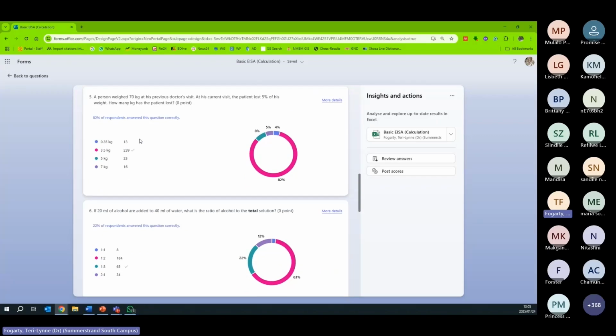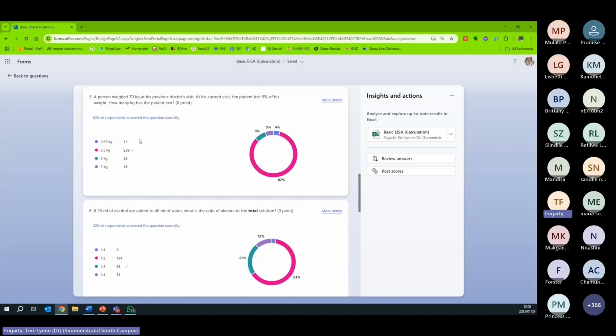What we've done in question 5 is we've made it an applied question. So we are asking what is 5%? He's lost 5% of his weight. So we're asking what is 5% of 70? But it just takes it up a level to application.